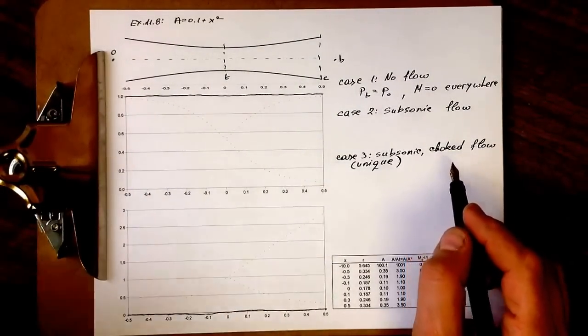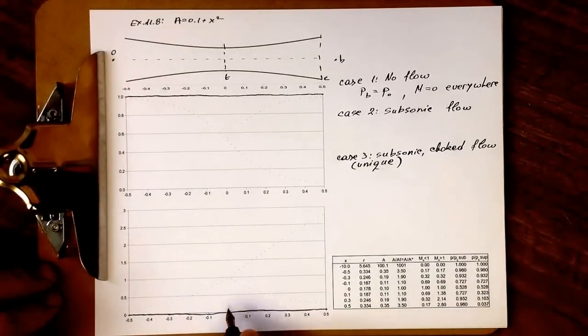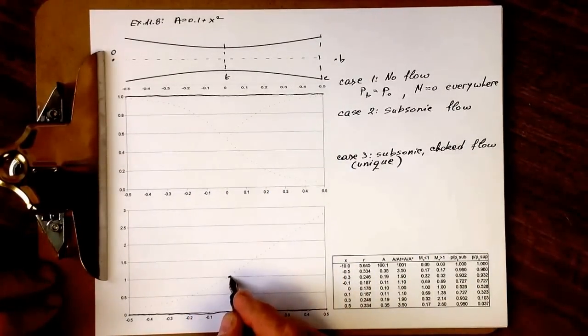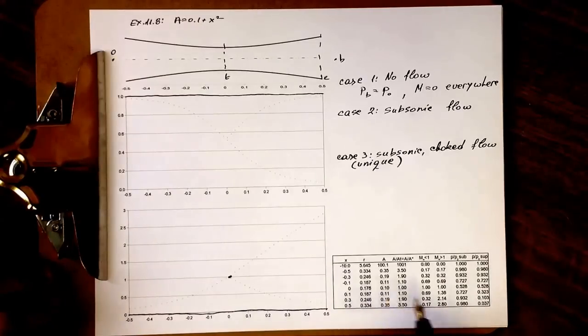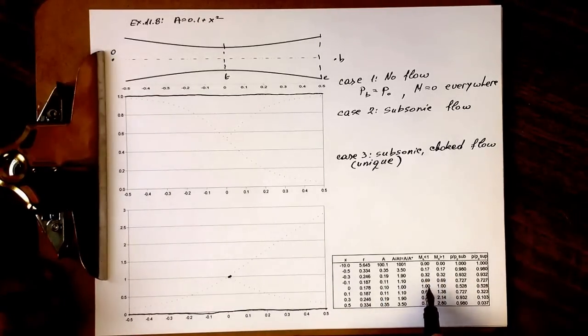Choked means essentially that the Mach number at the throat reached 1. In this table I have exit Mach number, saying exit Mach number is less than 1, but this is essentially at the throat.